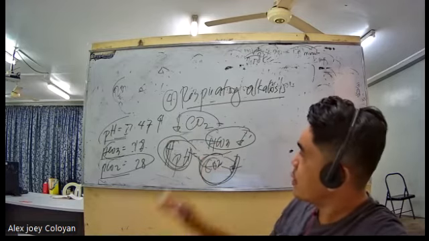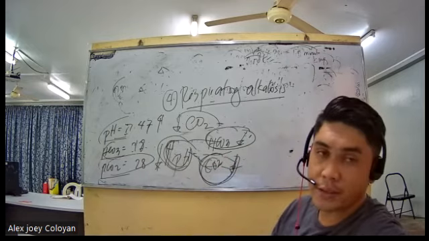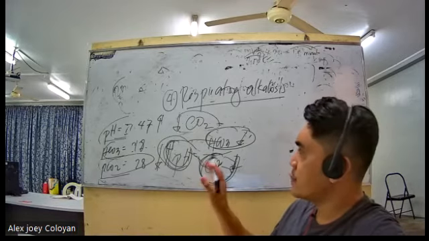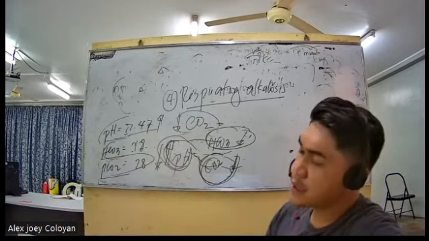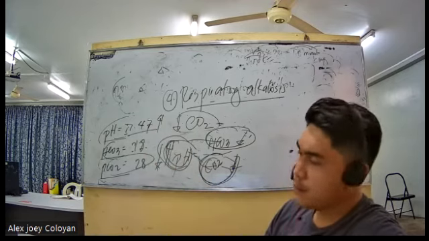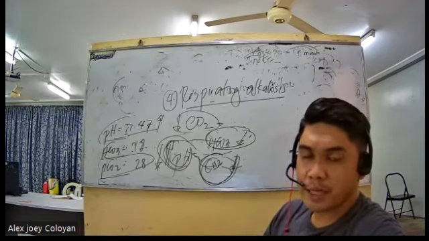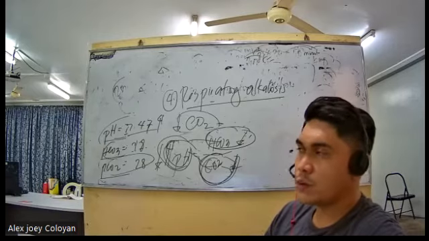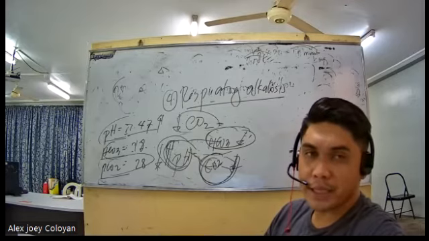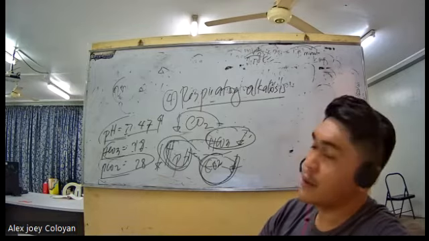The purpose of decreasing the bicarbonate is to decrease the blood pH in order for the pH to go back to normal. Okay? So this one is partially compensated because the pH is still abnormal. But once the pH is normal, and you have abnormal results for bicarbonate and PCO2, that's fully compensated. And it usually takes 2 to 3 days for respiratory alkalosis to be fully compensated. Okay? So that's for respiratory alkalosis.